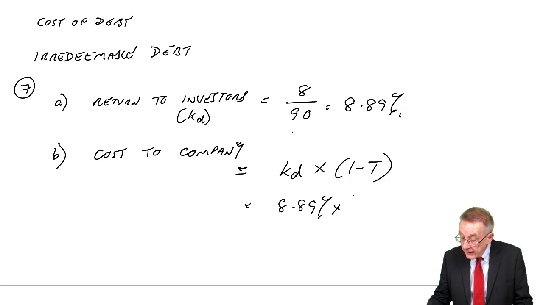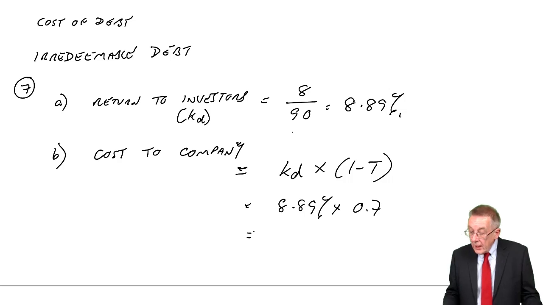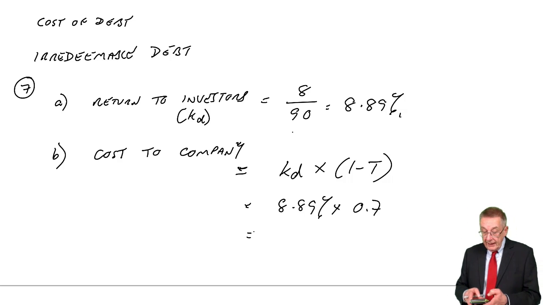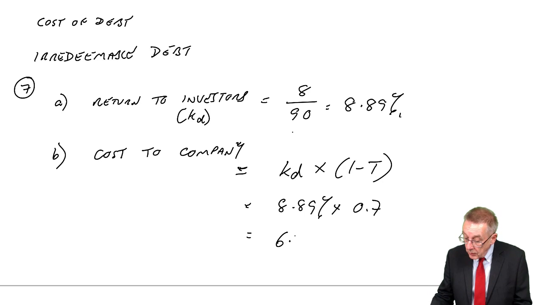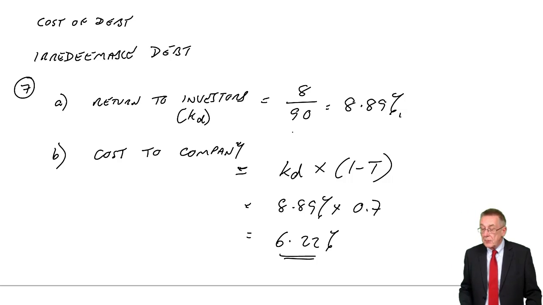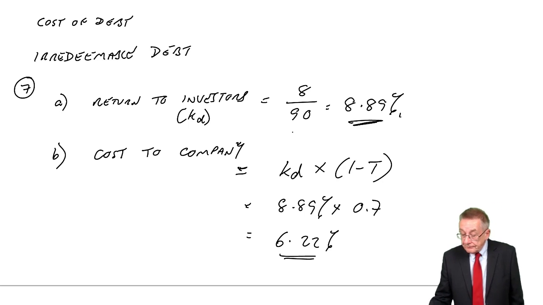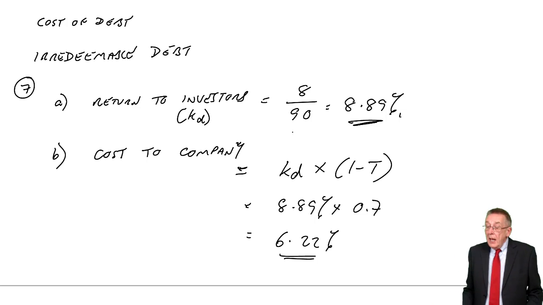The net cost is therefore 1 minus 30%, 70%, or 0.7. And so the cost to the company, 8.89 times 0.7 is 6.22%. As always, generally keep these to 2 decimal places. And so that's one way.